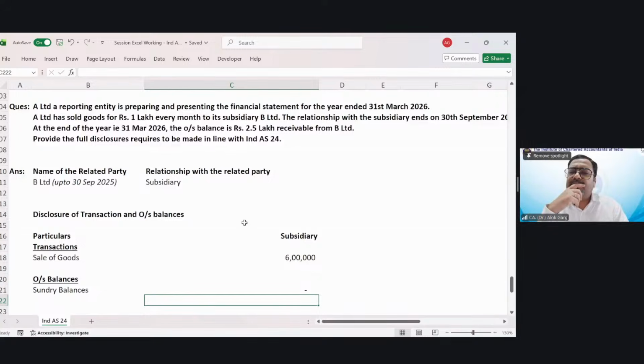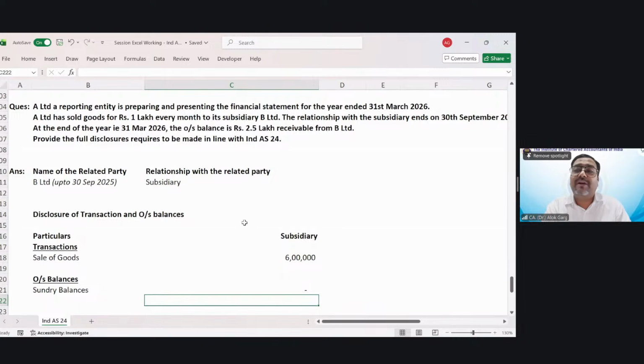To what extent will you consolidate B Limited into A Limited? Will you consolidate the balance sheet of B Limited? No, because at the end of the year the relationship between parent and subsidiary does not exist. Will you consolidate the P&L of B Limited with A Limited?